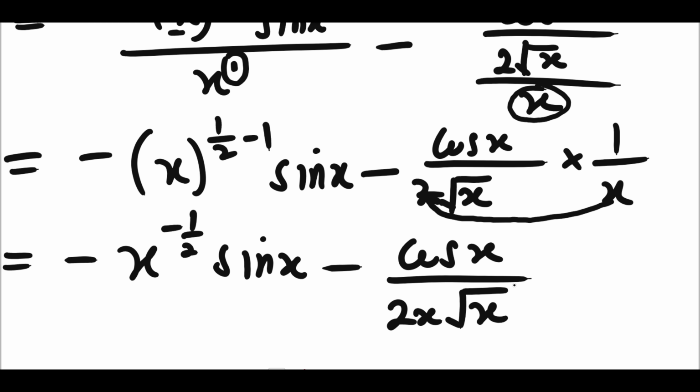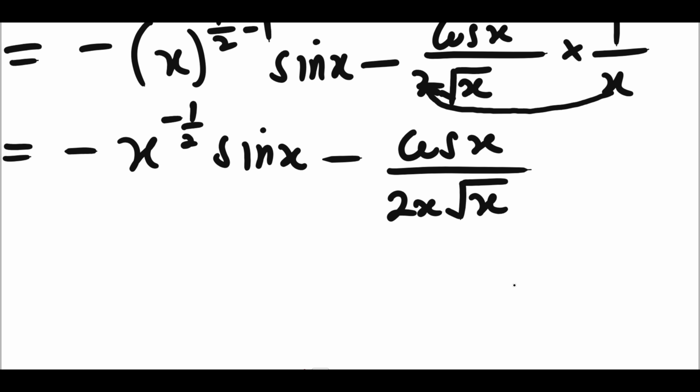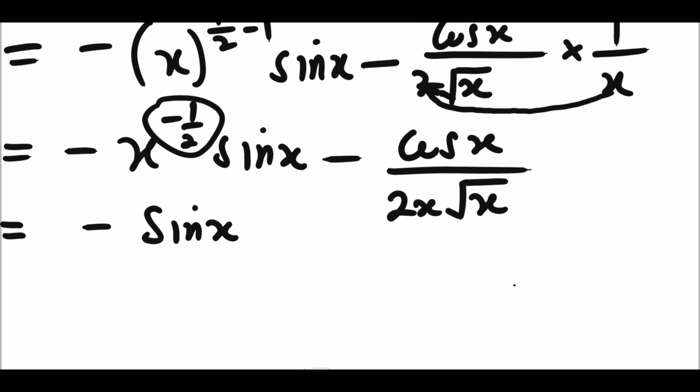So it becomes 2x root x. Let us rewrite the x exponent negative half here. So we are going to get it as negative sine x over, so we have our x exponent negative half to be the same as 1 over, so let me rewrite it so that we understand better.